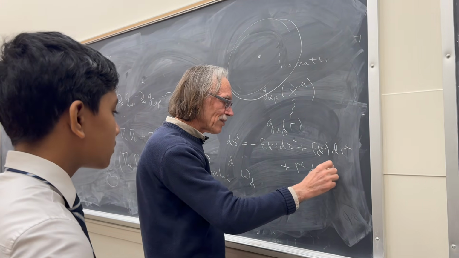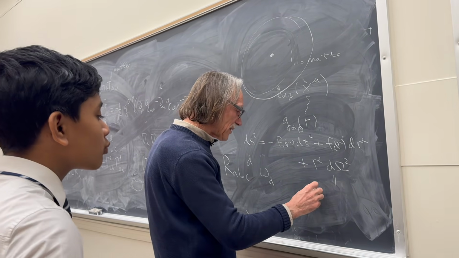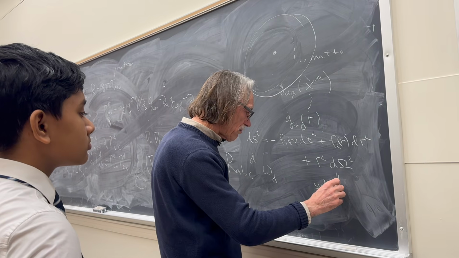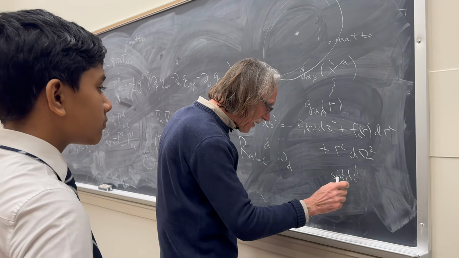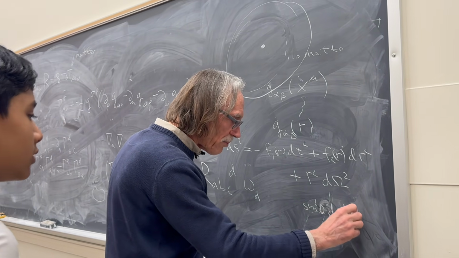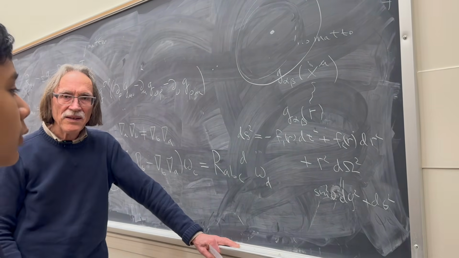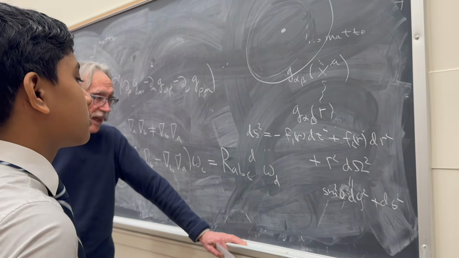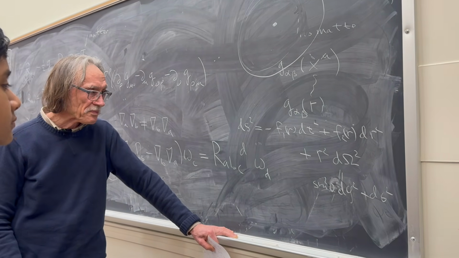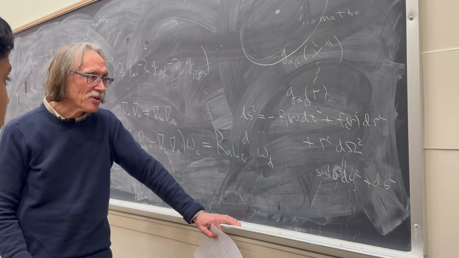You know what this notation means? d omega squared is equal to sine squared theta d phi squared plus d theta squared. Oh, so we're doing this as if we were in polar coordinates? Yeah, in spherical coordinates, and we assume that because there's spherical symmetry, it can only be that.